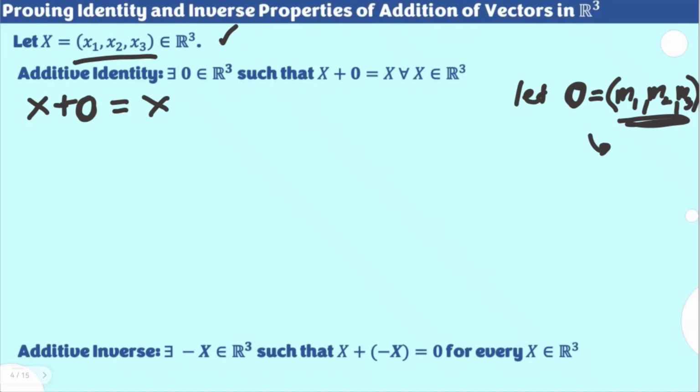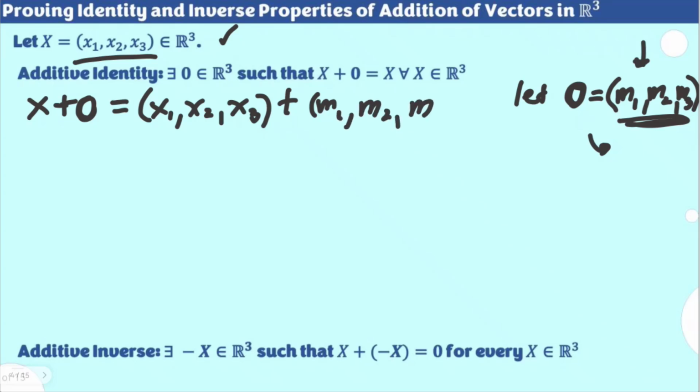So what we need to show is, of course, we will have the components of x, x sub 1, x sub 2, and x sub 3, plus the 0 vector supposedly present, with the representation m sub 1, m sub 2, and m sub 3. Our goal is to find the values of m sub 1, m sub 2, and m sub 3.